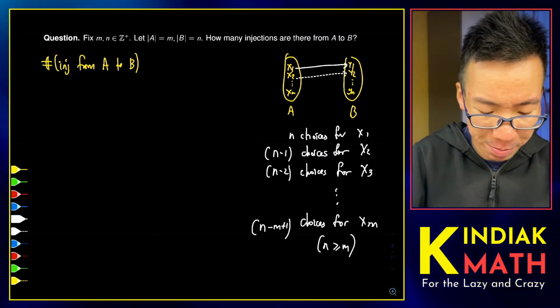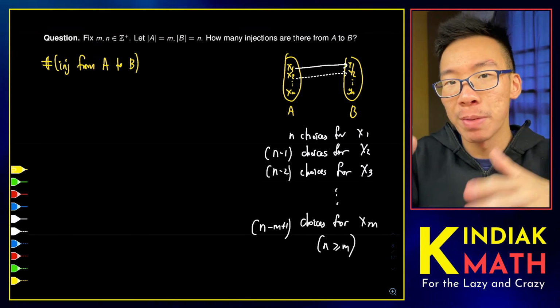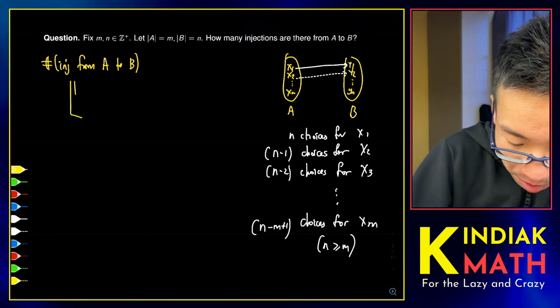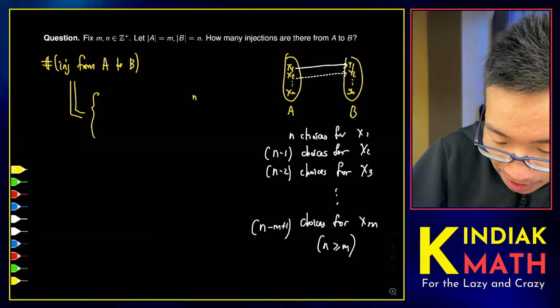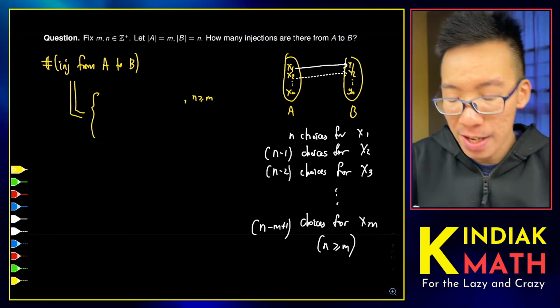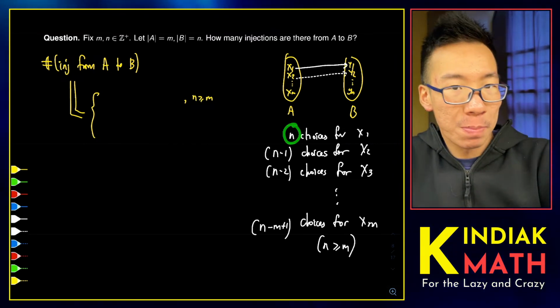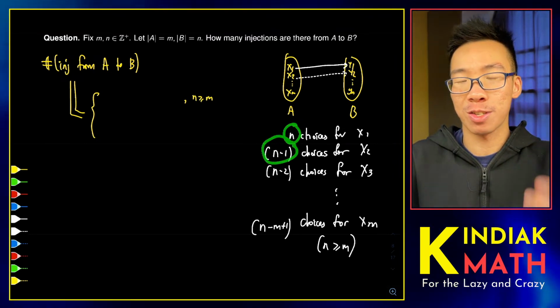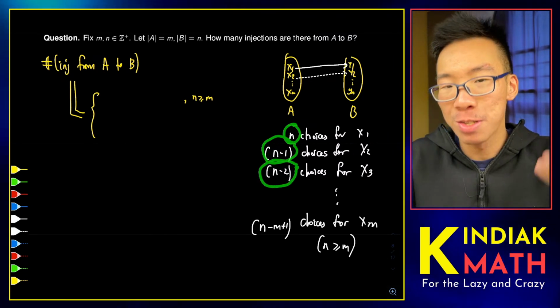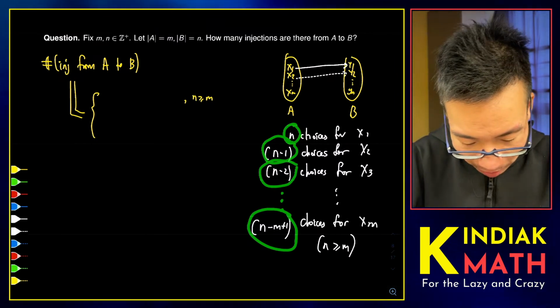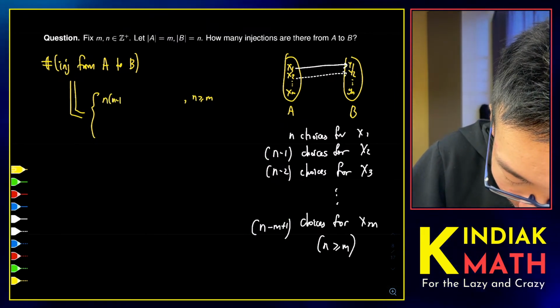How do we make sense of that? So the number of injections from A to B, in the situation when n is bigger than or equal to m, is given by n choices for x1 multiplied by n minus 1 choices for x2 multiplied by n minus 2 choices for x3 all the way to n minus m plus 1. So we can multiply all of that.